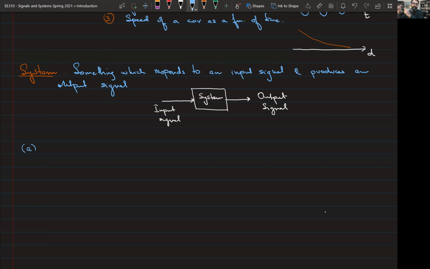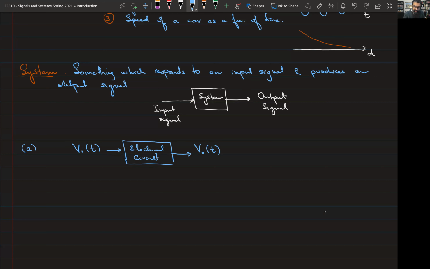And then there are certain terminals at which you measure what the output is. I would say that an electrical circuit is a system which has an input Vi of t, which goes into an electrical circuit, and it produces an output voltage V naught of t, right?